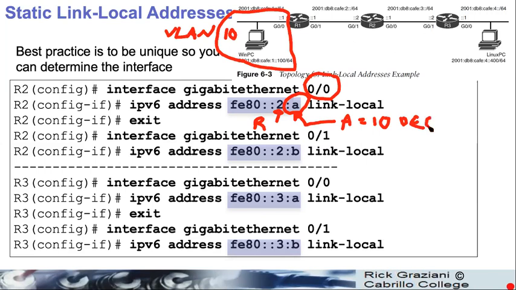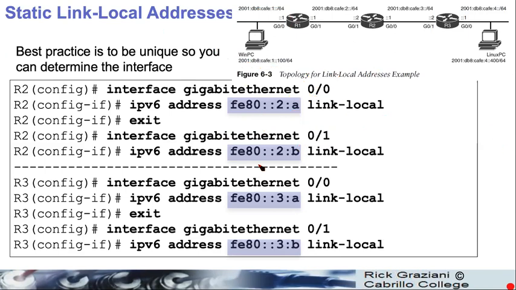That's kind of the best practice, to use a router ID. So all the link local addresses on this router would begin with 2. Oh, that should be pointing to this router here. Yeah, sorry about that. There are no client-facing LANs here, but I think you get the message.